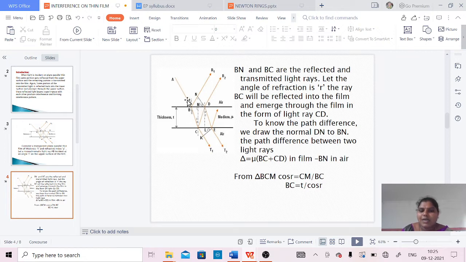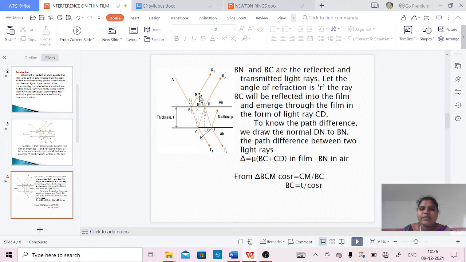Now AB is incident on the upper surface, BC is the refracted ray, and BN, that is R1, is the reflected ray. BC is the incident ray for the second surface, that means the lower surface, and CD is also a refracted ray which emerges through the upper surface, and T1 is the transmitted ray.